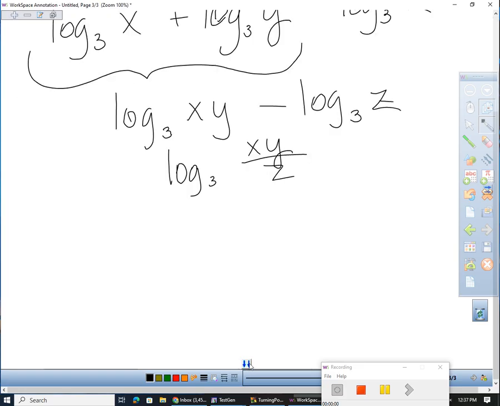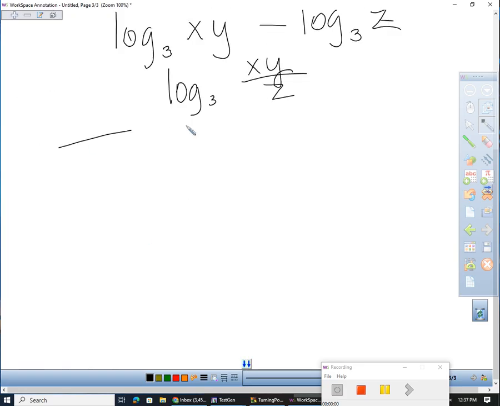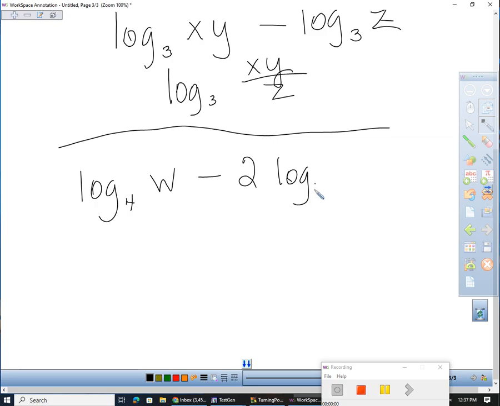Okay, let's do one more, and then we'll go to the next section. Let's say I have log base 4 of w minus 2 log base 4 of k.